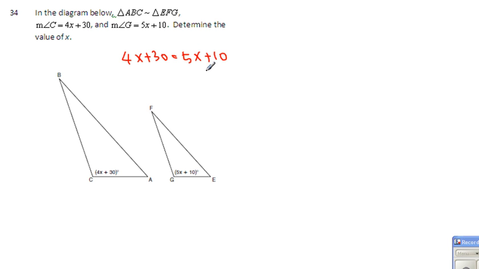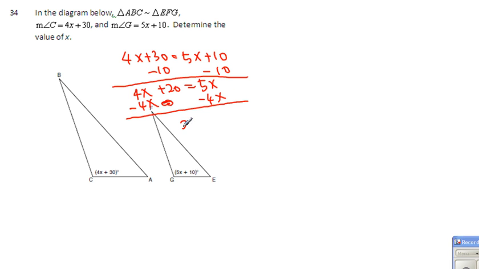When we subtract 10 from each side, we get 4x plus 20 is equal to 5x. As you subtract 4x from each side to bring all the x's on one side, we get 20 is equal to x. That was our question, and that is our answer.